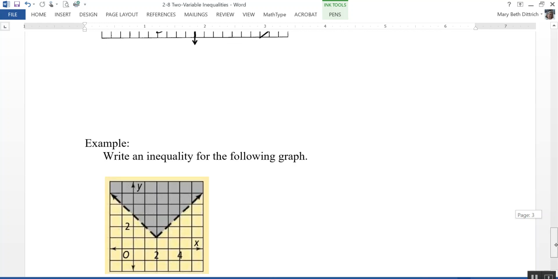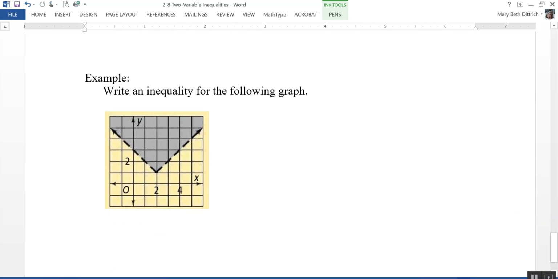We can also go in reverse. So given a graph, we can write the inequality for this. The first thing I'm noticing is that it is shaded above and it's dashed. So that means I'm going to have a greater than, not a greater than or equal to. Next thing I want to do is identify my vertex, and that's going to be the point 2, 1.